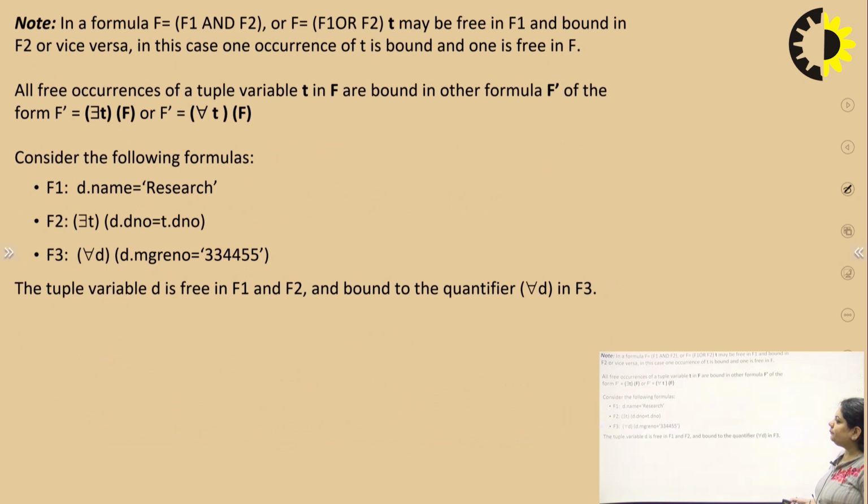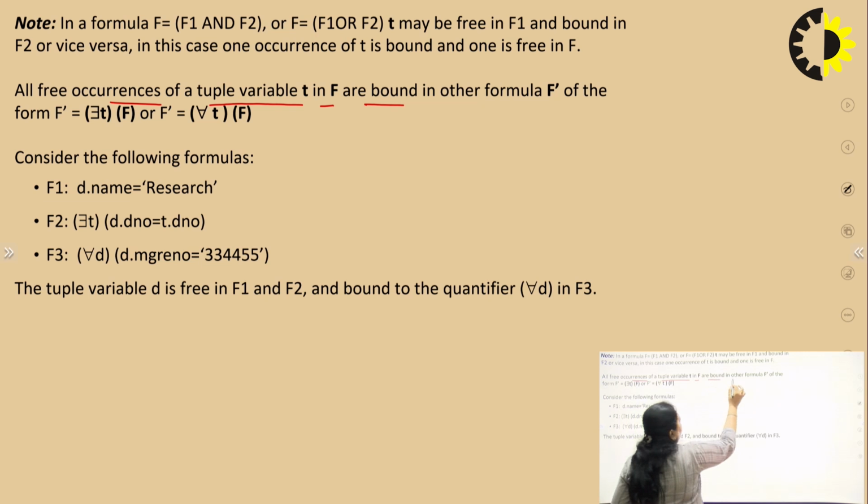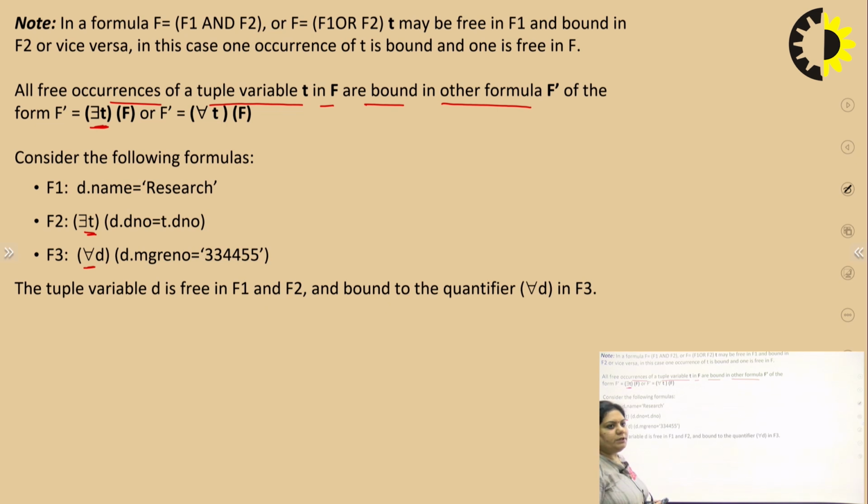That means if we have there exists, and free, see here, all free occurrences of a tuple variable T in F are bound in another formula F dash of the form there exists T. That means if we have anywhere a there exists or for all condition, then they are known as bound tuples.